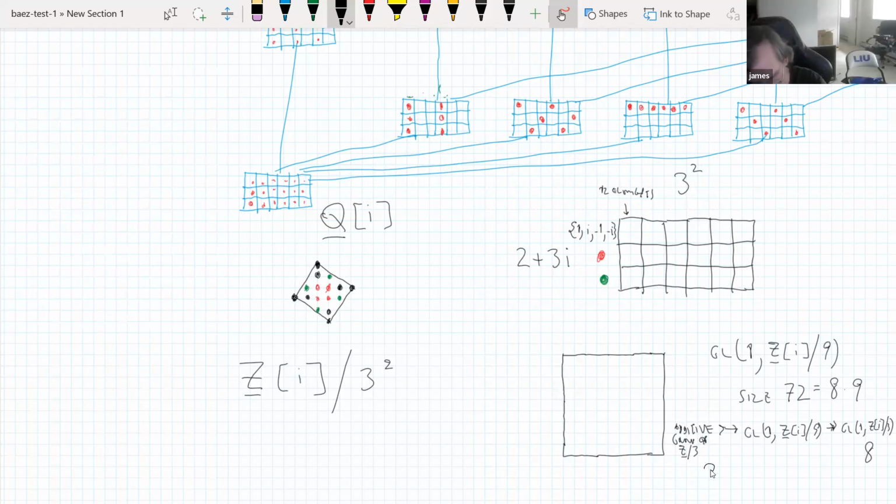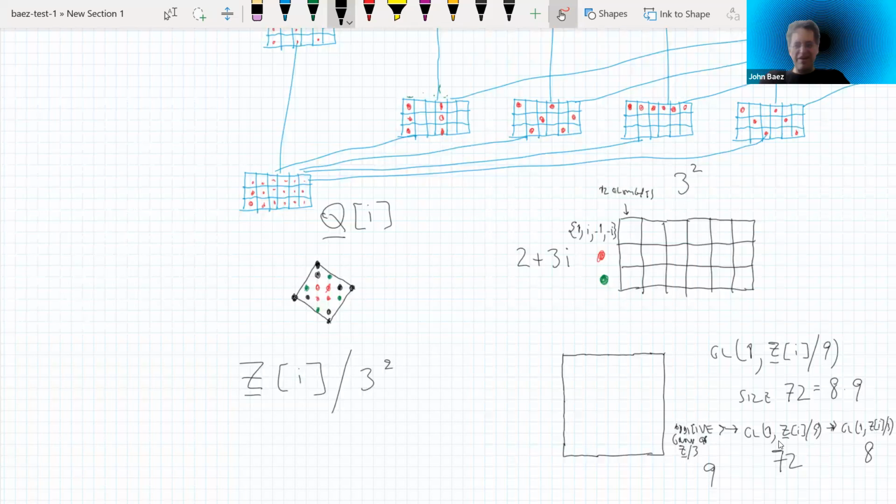As long as I believe that the middle guy has size 8 and the whole thing has size 72, then I believe the sizes of everything you said. Clearly the additive group is size 9 and the multiplicative group is size 8. Well, I know that, but what I don't know is why the additive group is that kernel there. Why is there this short exact sequence? I see that there's some epimorphism, and so there's some kernel, and there are just two possible 9-element abelian groups it could be.